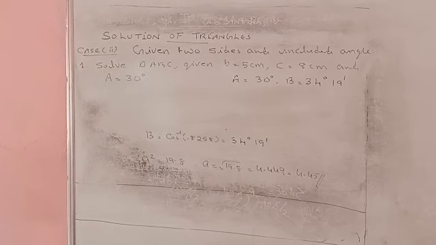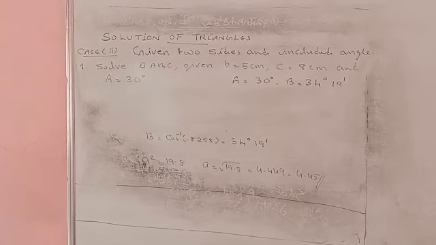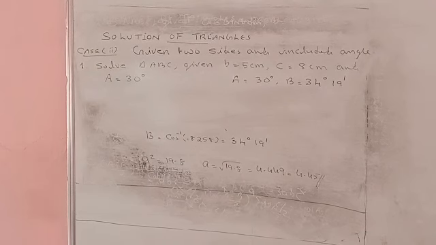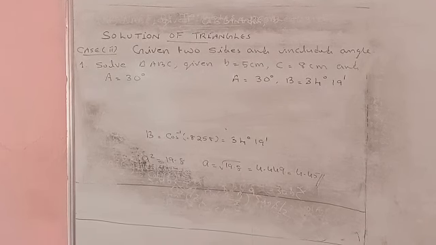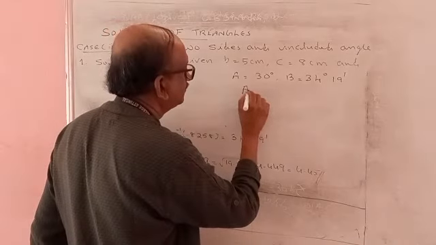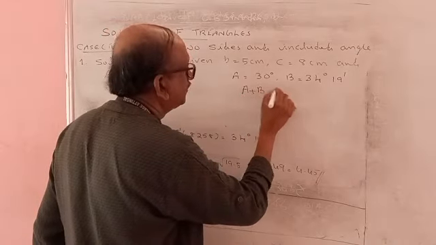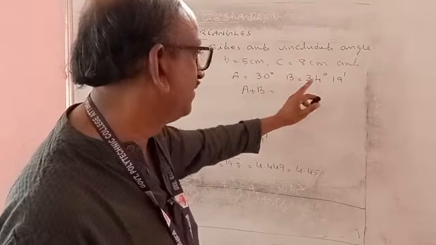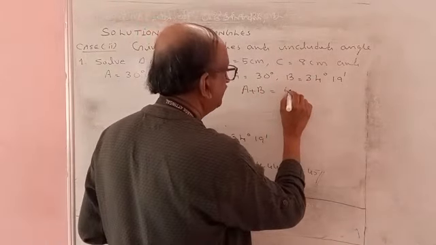Angle C can be obtained by subtracting A plus B from 180 degrees. 180 minus A plus B is equal to angle C. Therefore, first find A plus B. A plus B is equal to 30 plus 34, 64 degrees 19 minutes.